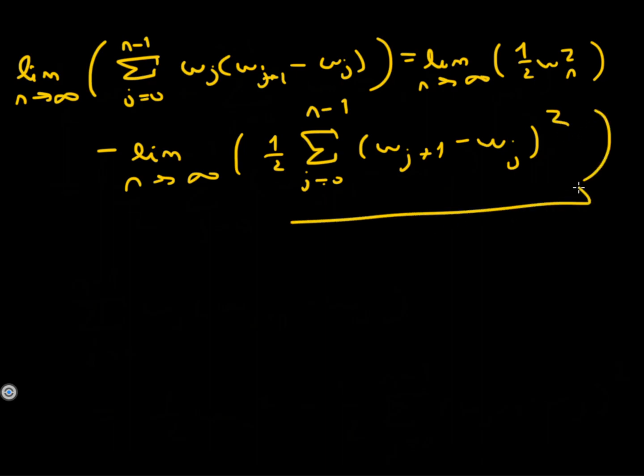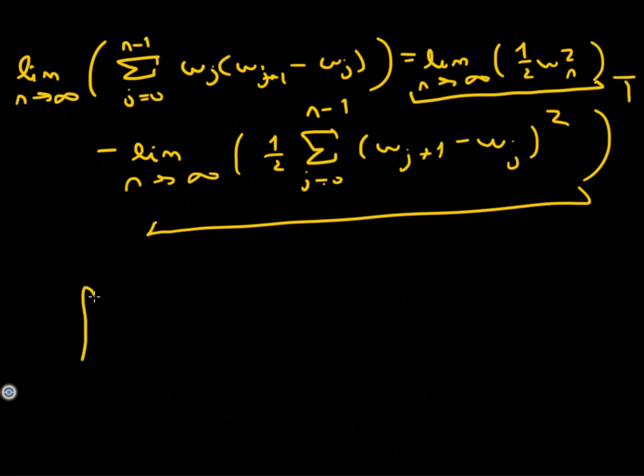Now you can simply see that this is just half of what we call the quadratic variation. And as n tends to infinity for this right here, we'll see that this simply tends towards t, big T.